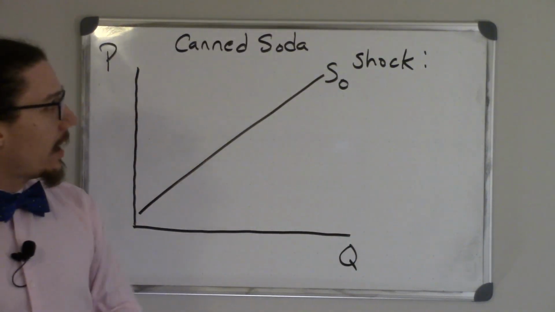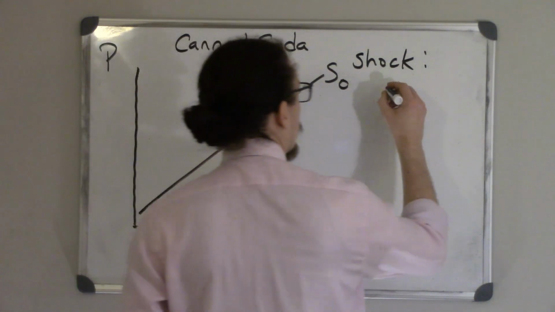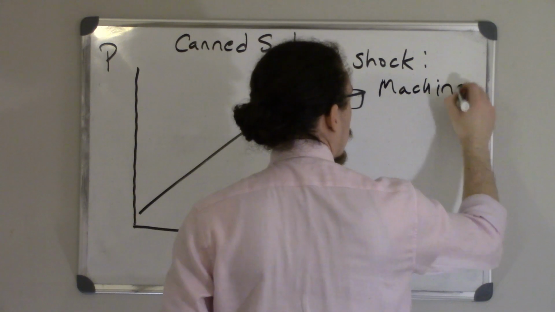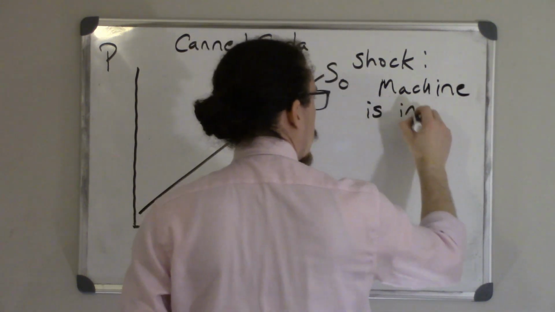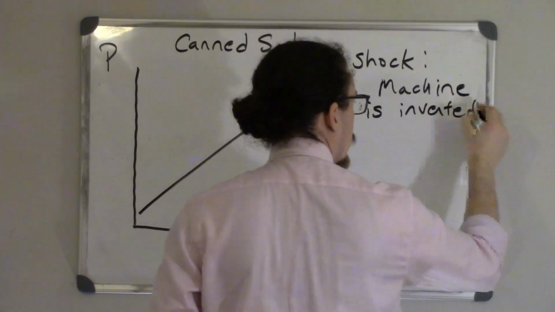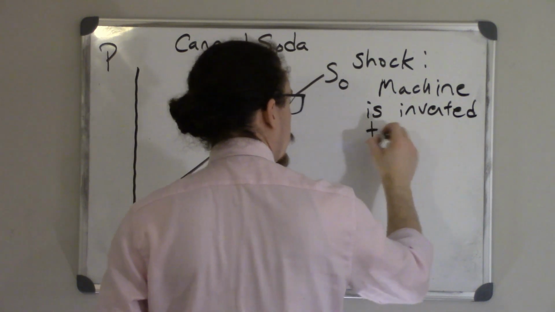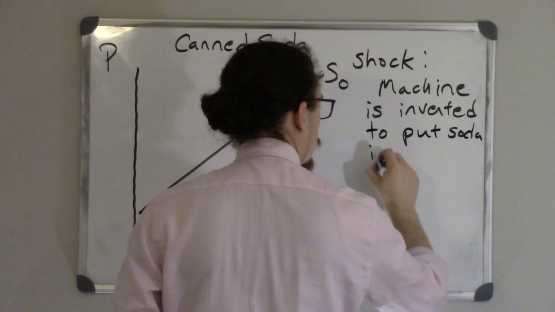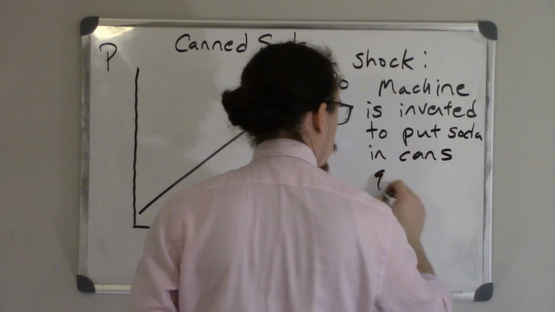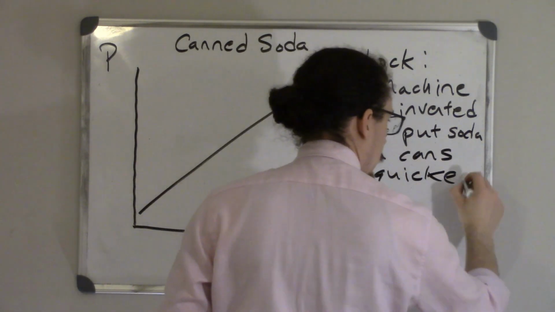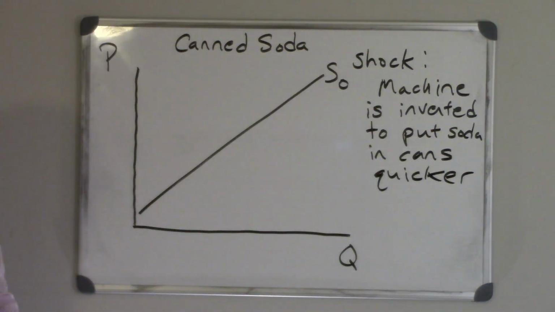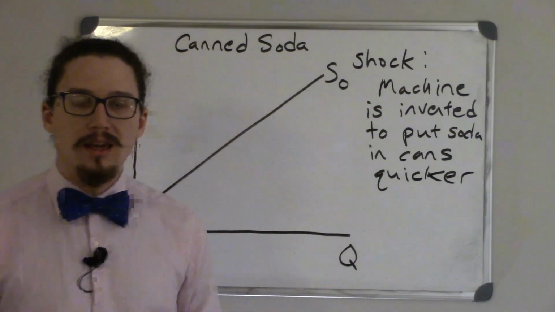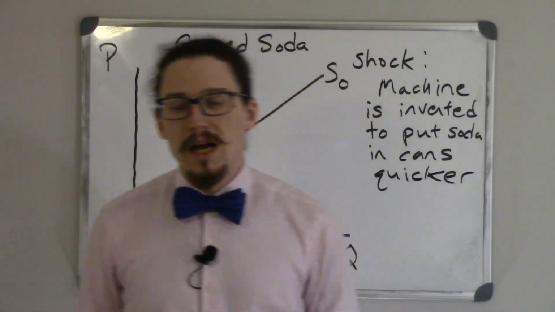So let's say that our shock is that a machine is invented. We're just going to try to keep it somewhat simple. There's a machine invented that actually puts the soda in a can more quickly.